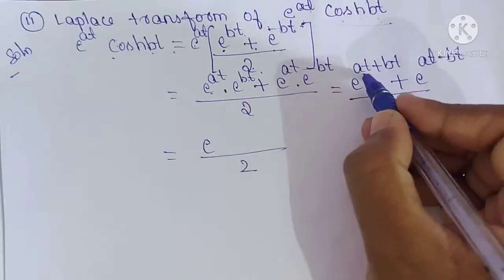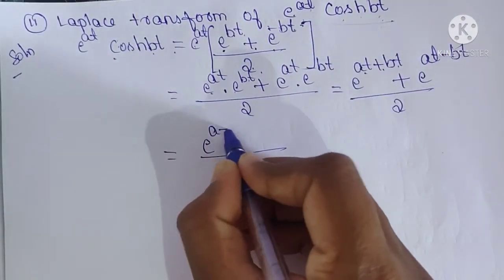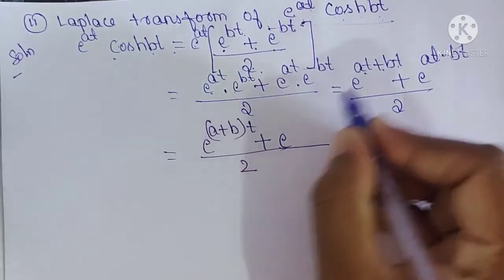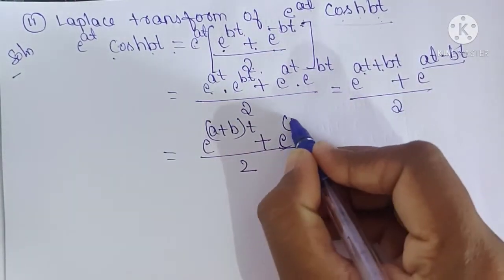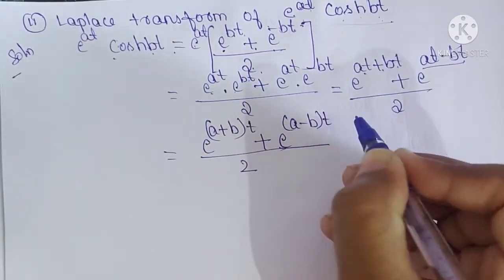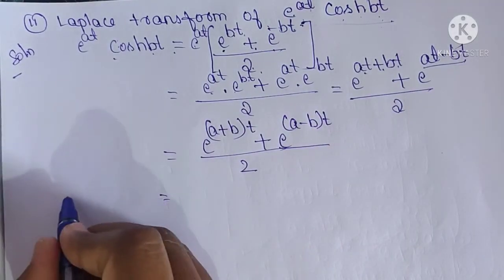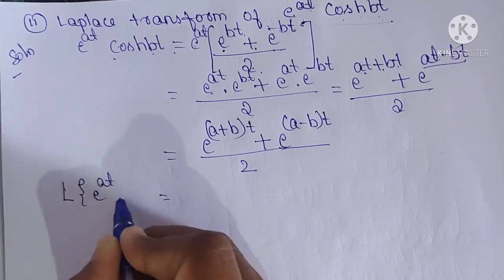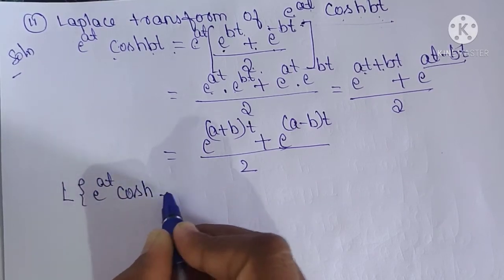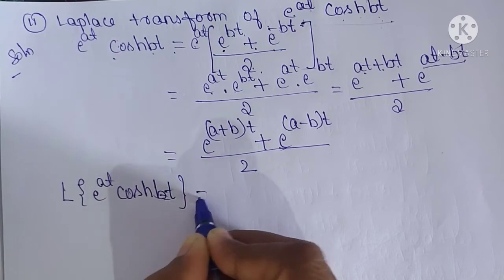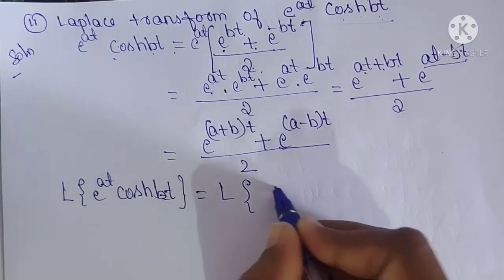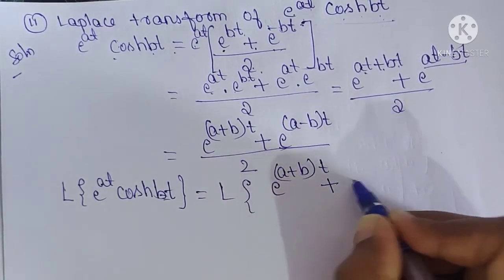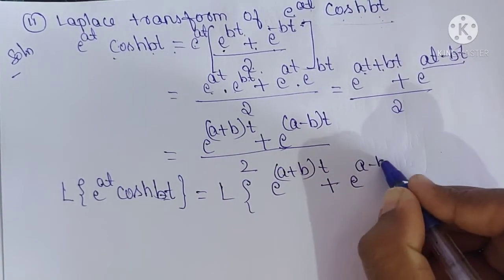E power at plus bt, t is common, remaining a plus b into t, plus e power at minus bt, here also t is common, remaining a minus b into t. Now apply Laplace transformation on both sides. L of e power at cos h of bt is equal to L of e power a plus b of t plus e power a minus b of t.